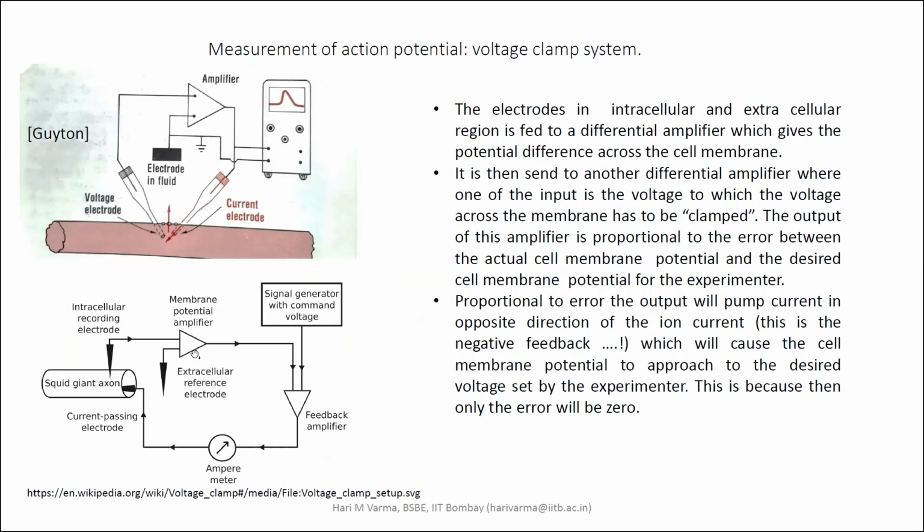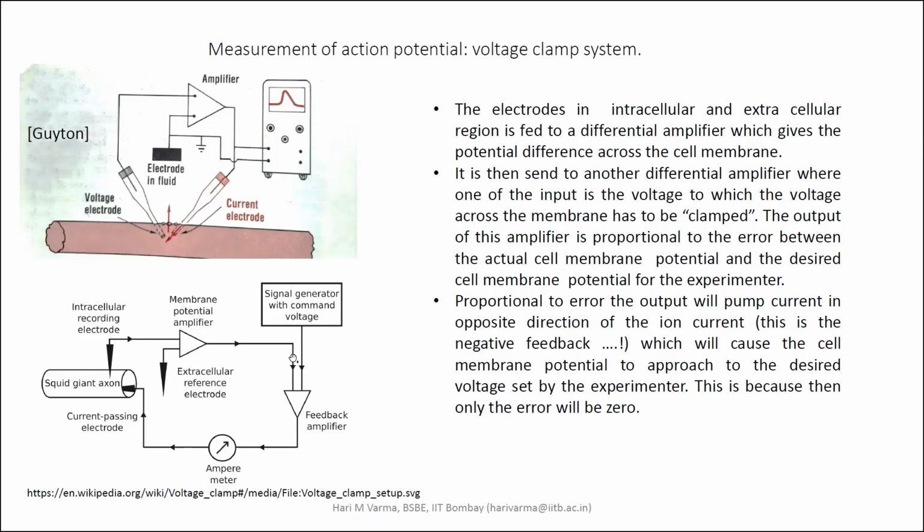So this is the extracellular and this is the intracellular, given to this differential amplifier. Now if this potential difference is measured here, this amplifier will tell you the difference of the cellular membrane potential, right? Ideally it should be minus 90 millivolt, but we are doing an experiment.